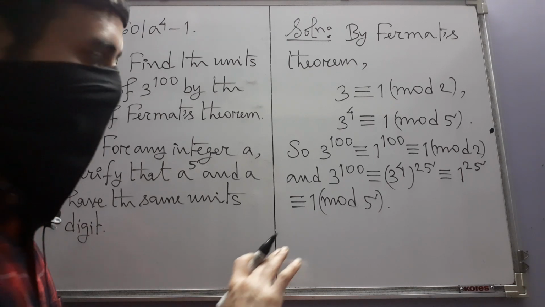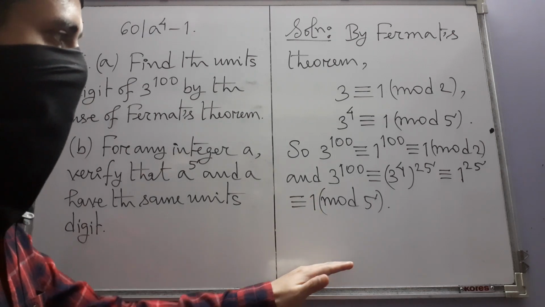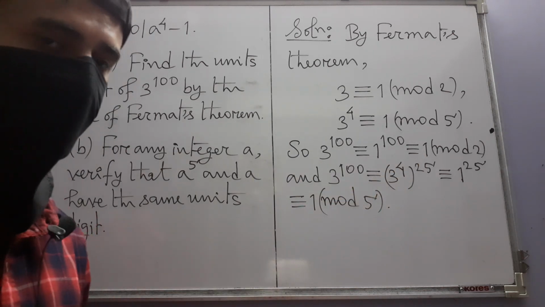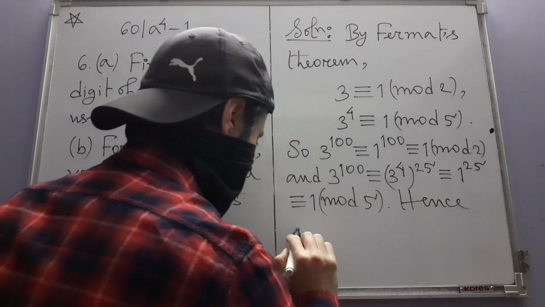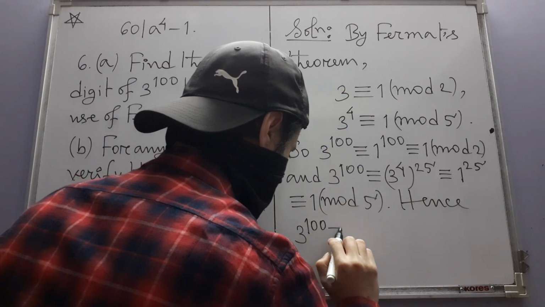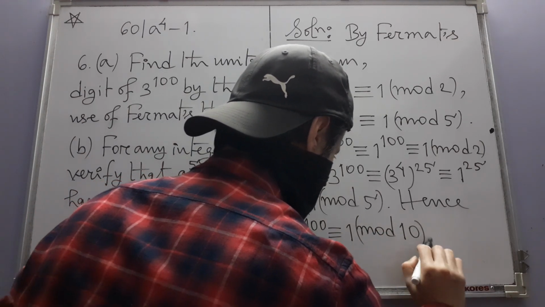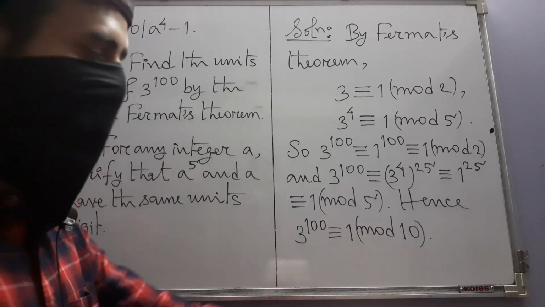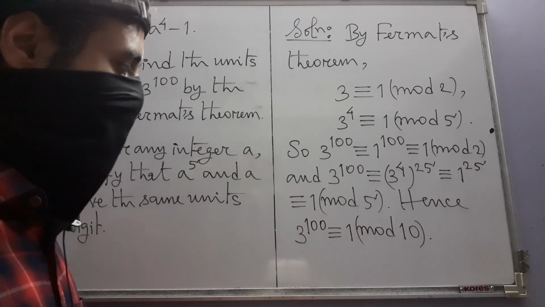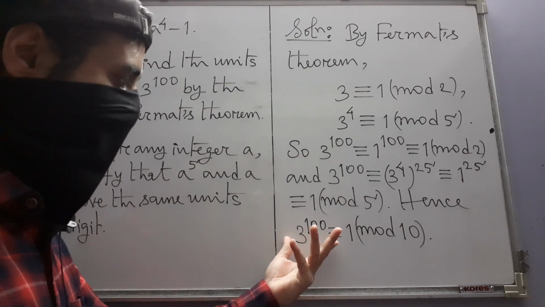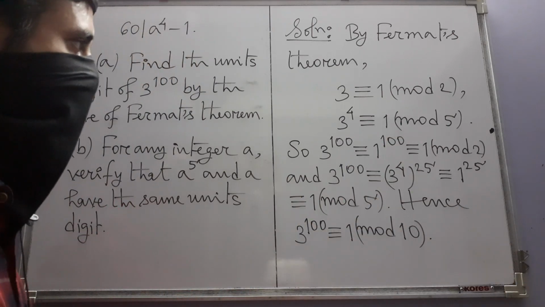Again, this time we are not even going to write the divisibility relations. We will straight away write that because of this and the fact that 2 and 5 are relatively prime, we have this. So you can write the last line, which I am not going to write. Hence, the units digit of 3 to the power 100 is 1. If you really multiply 100 copies of 3, whatever number you are going to get, the last digit will be 1.